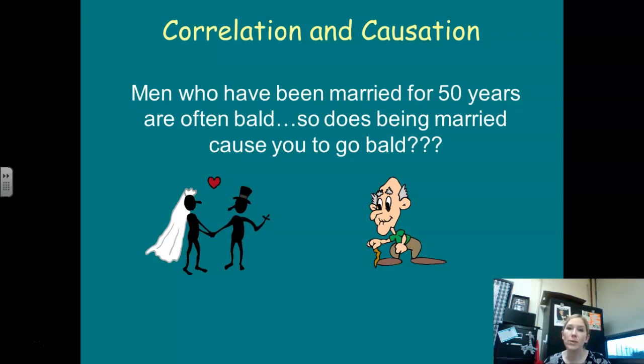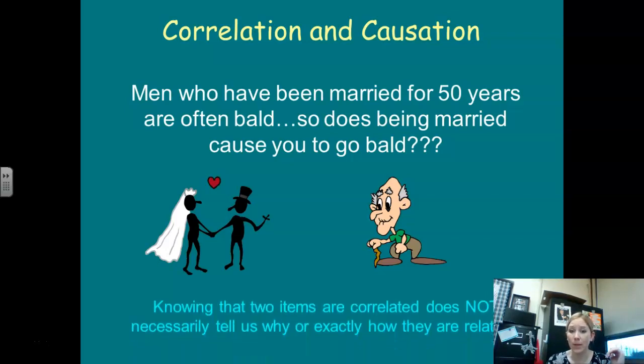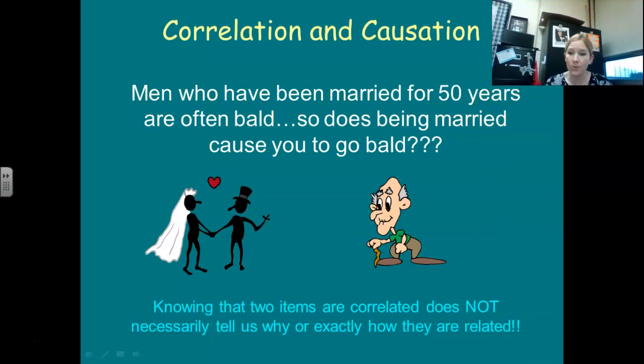And so when we're doing assessments of research, we have to be mindful that unless there is an experiment occurring, there is no causational piece there. If there's just a reference to relationships in general or to variables in general, more often than not, you can go to a correlational piece to that, okay? So knowing that two items are correlated does not tell us that there is a causal relationship.